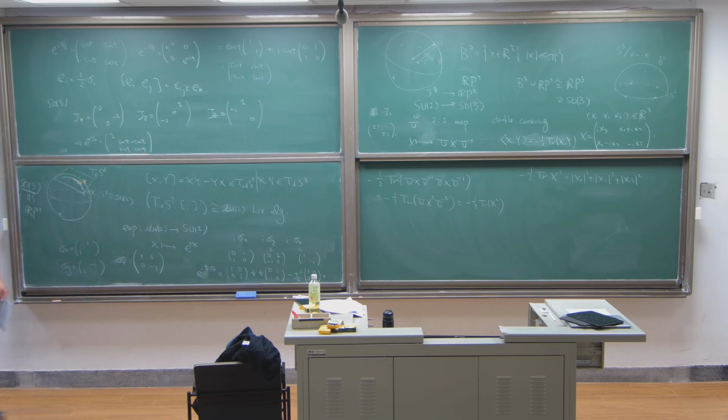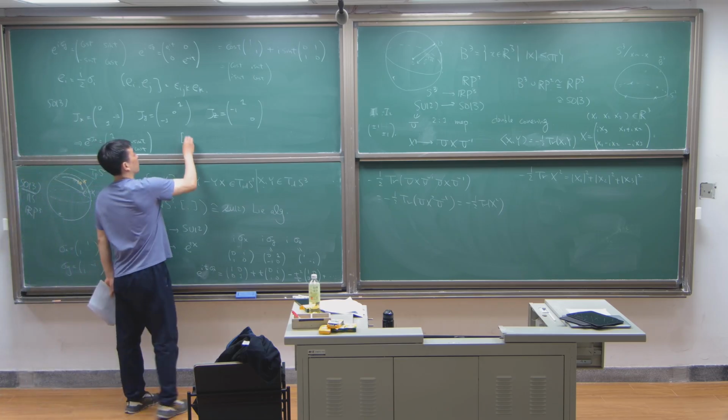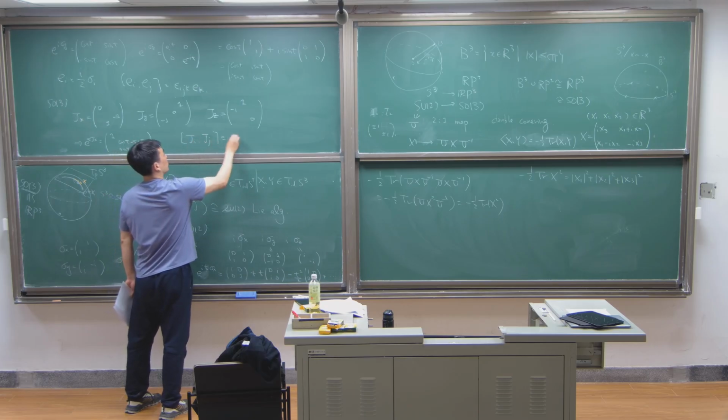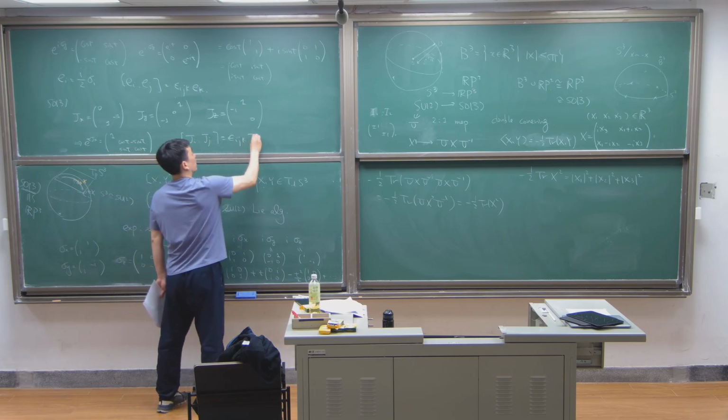This will give you the rotation about the x-axis. And the same thing for rotation about the y-axis and z-axis. That will give you the tangent vectors at the identity element. And this will satisfy the following: [J_i, J_j] is equal to epsilon_ijk J_k.